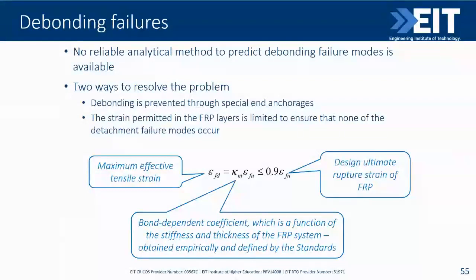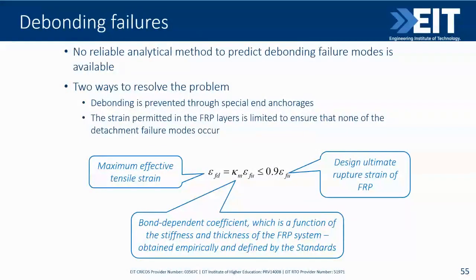Right. These debonding failures are a problem. They're very much known to engineers. That's why many of them were reluctant to use it for many years. We're still getting convinced, and they're slowly getting convinced.